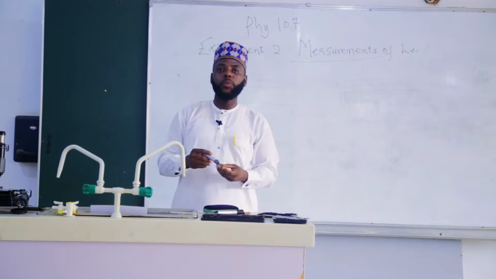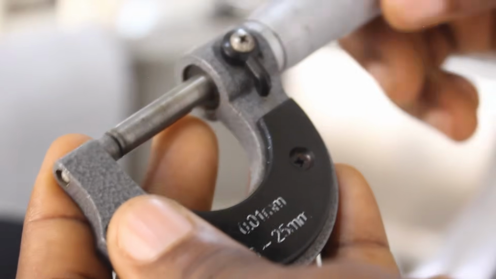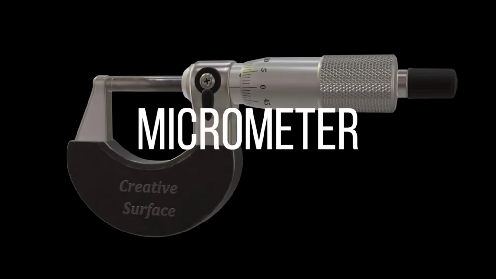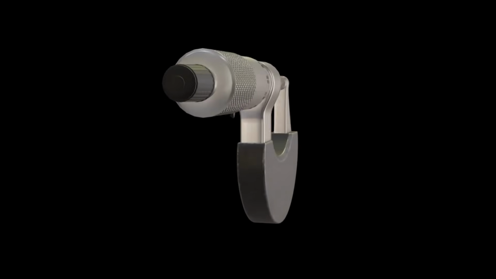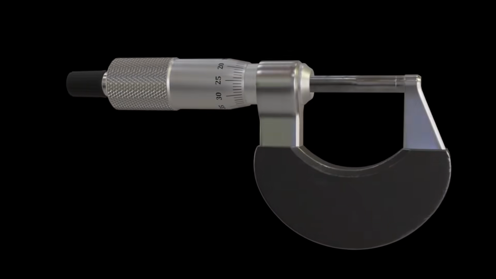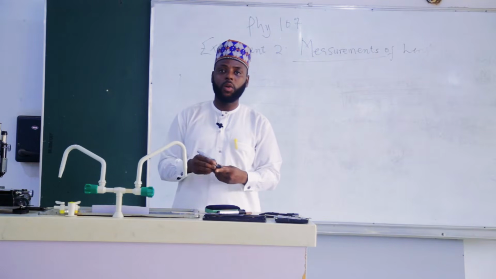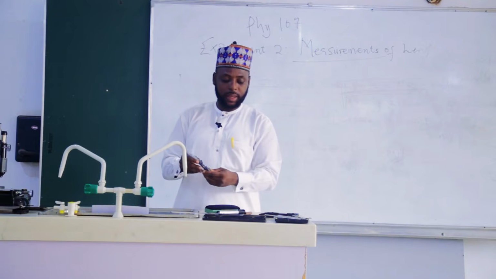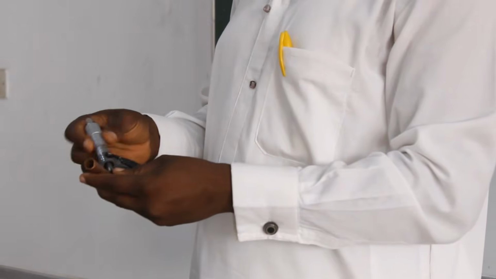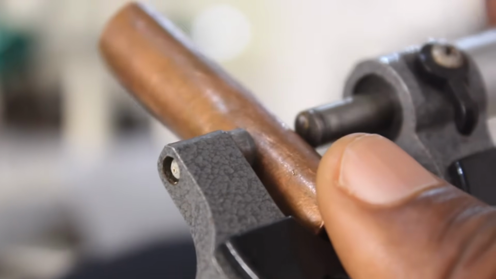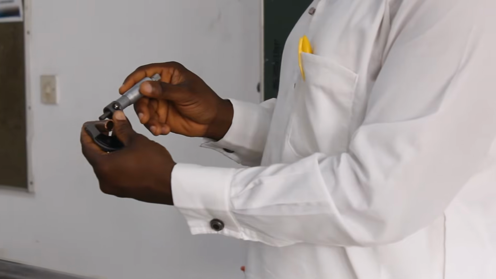So next we move to another instrument that has a higher precision than the vernier caliper. This instrument can be used to measure the outer diameter of an object like this. As you can see, it allows me to measure the outer diameter.